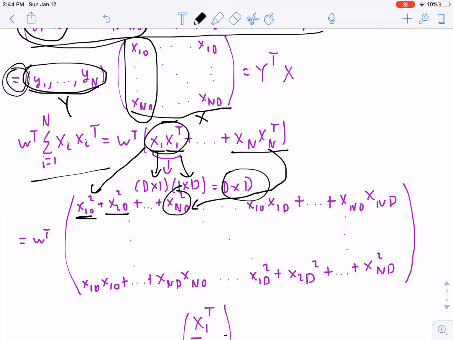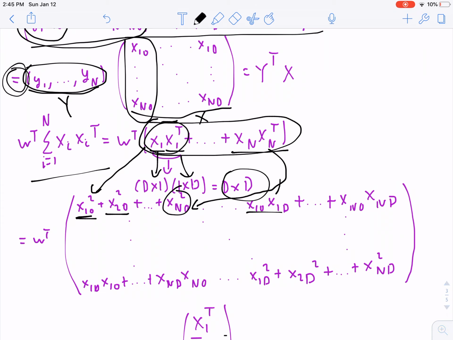And so similarly, we can look at the top right-hand corner. That's just going to be the sum of the top right-hand corners for all of the elements in this initial sum. So for x1, x1t, we're going to get x1 naught, x1d, because it's the first element times the last element of x1.